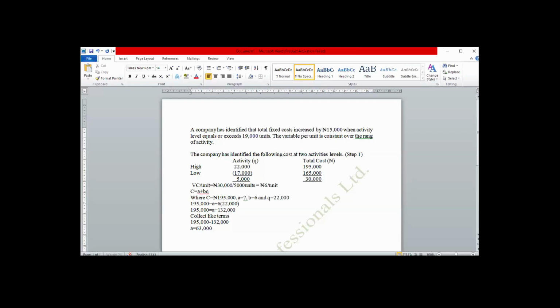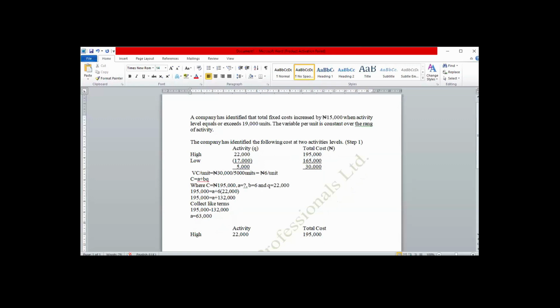Now, looking at it, activity level. I have total cost. Nothing will change that, 195,000.